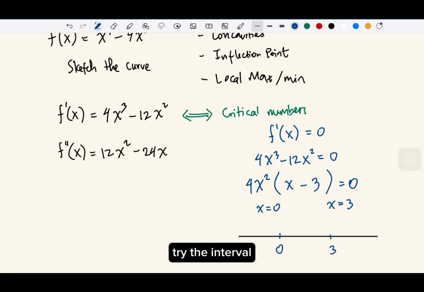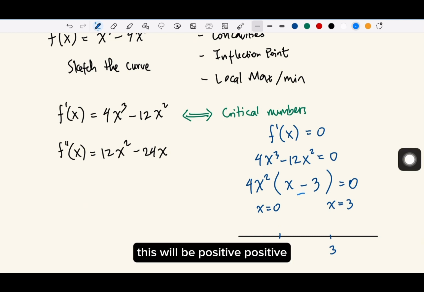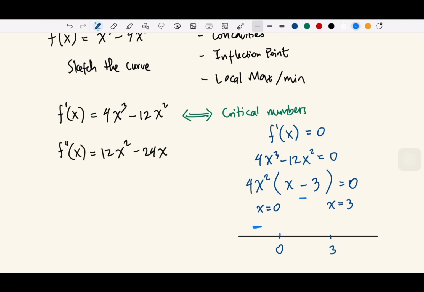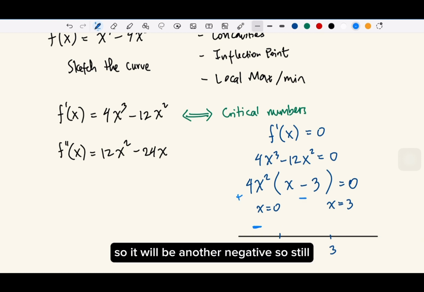You can try, let's say, -1. This will be negative, this will be positive. Positive times negative is negative, right? And then try x equal 1. This will be negative and then positive, so it will be another negative. So it's still decreasing, right?